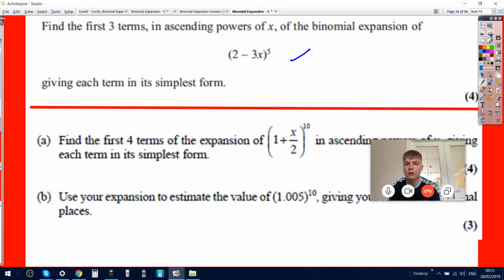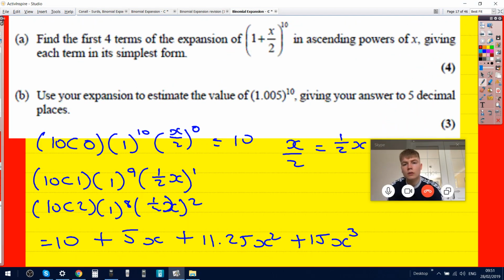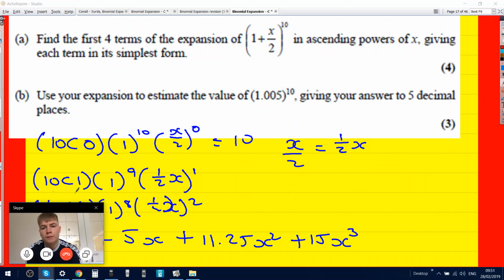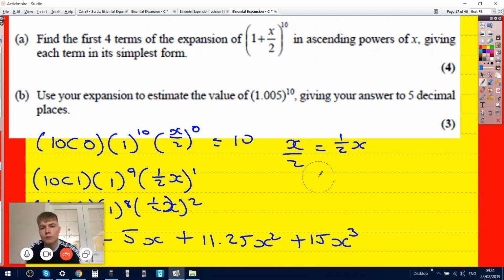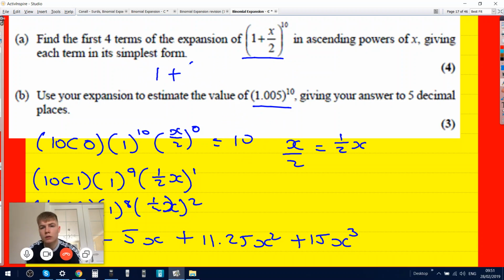So how would we get the x for this one? Don't know. I'm not sure. These two match up. Right. And so 1 plus x over 2 is equal to 1.005.